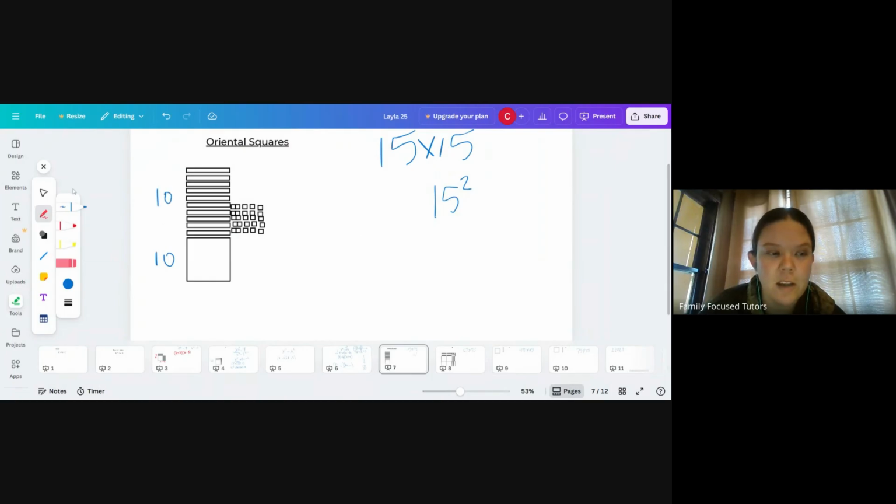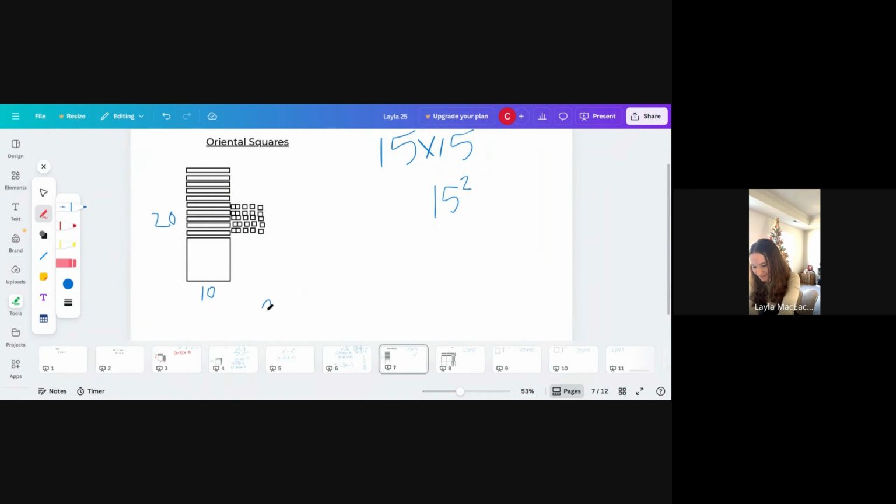Okay, so that's 20, right? So we have 20 times 10, because we're doing the area here. What's 20 times 10? Oh my gosh. 120. Wait, no. 200. That's 200. Sorry. My brain just gave out on me.